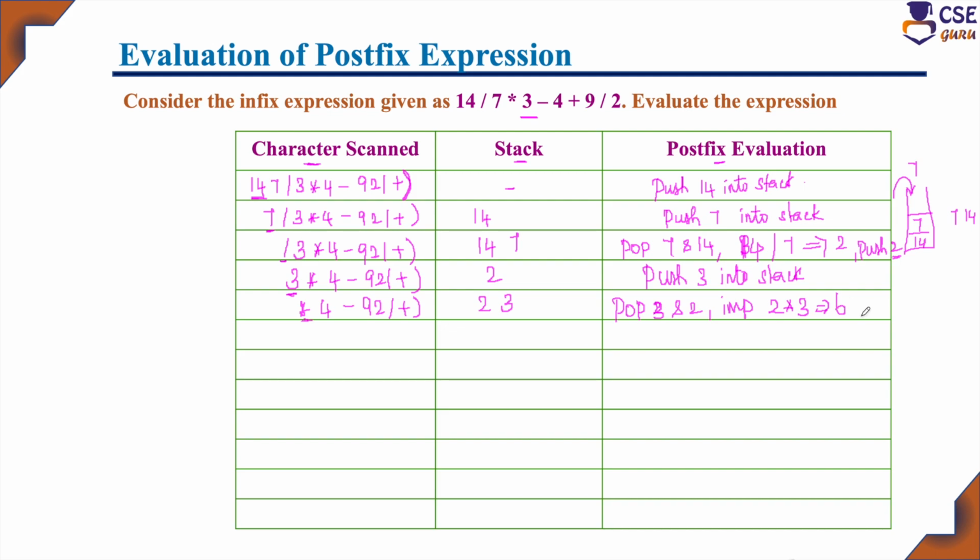The result you will get is 6. Push 6 onto the stack. Now 6 you have to push onto the stack. Next is 4 minus 9 2 division plus closed parenthesis. Next, 4 is an operand. So push 4 into the stack. Remaining input characters are minus 9 2 division plus closed parenthesis.